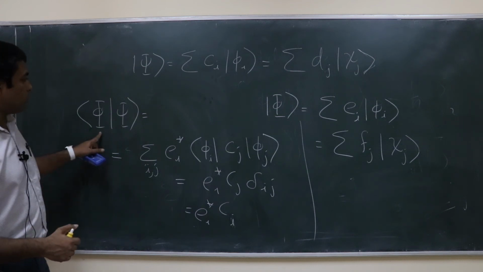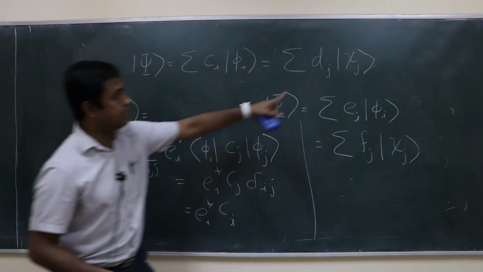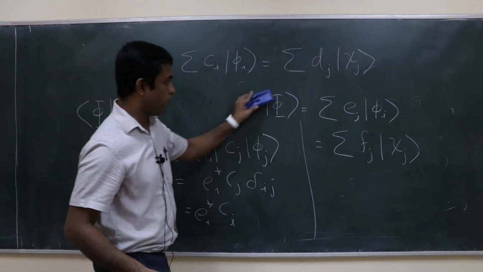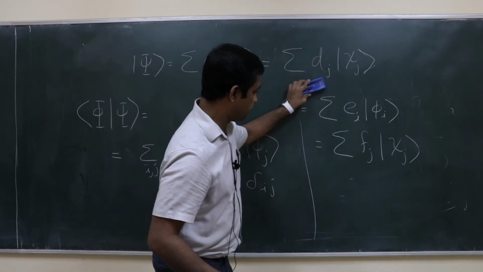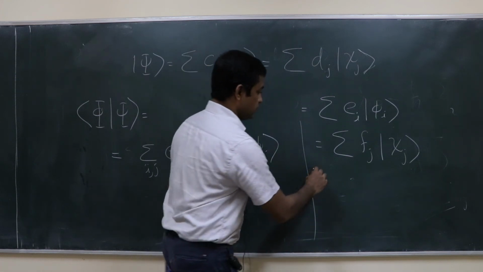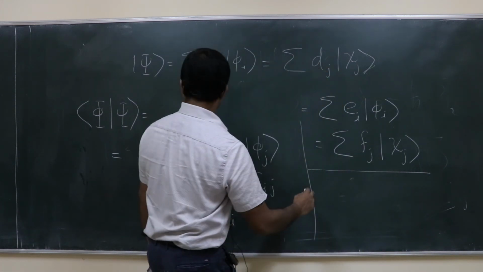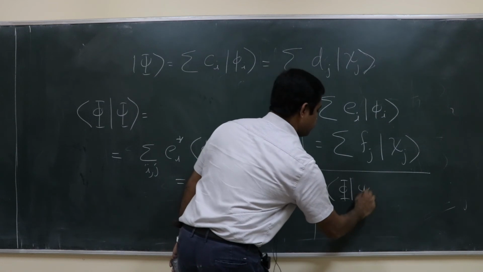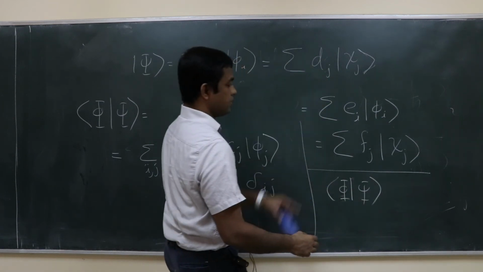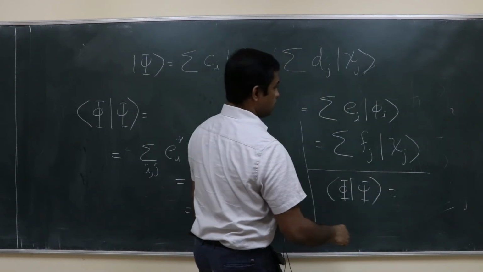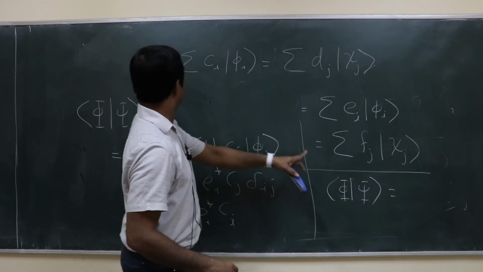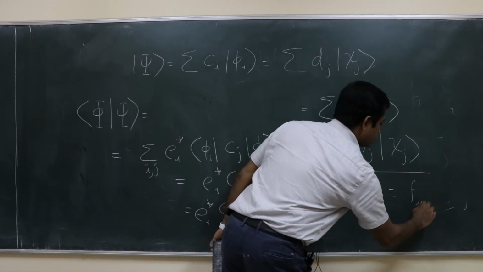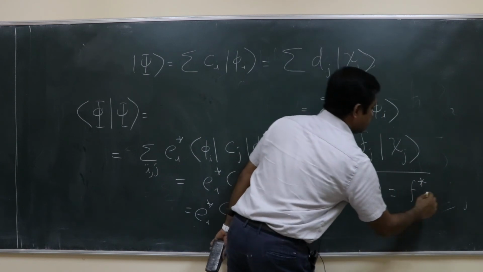So what will be the inner product of these two vectors in the chi j basis? Can you give me quickly the answer? The inner product of phi and psi in the chi j basis will be Fj star Dj.